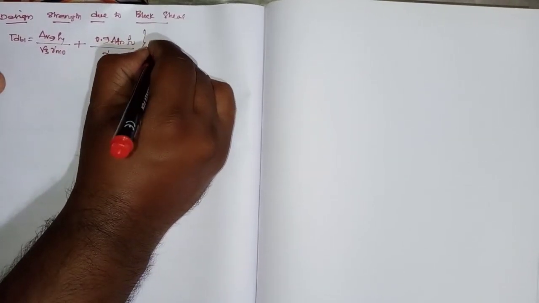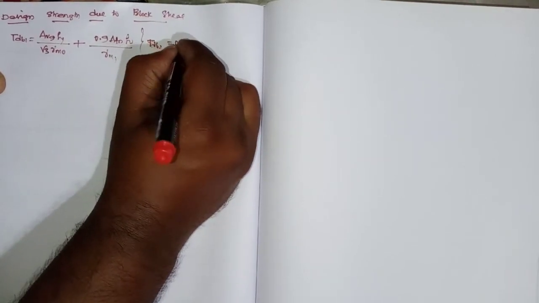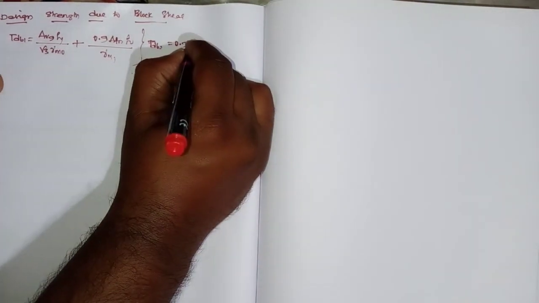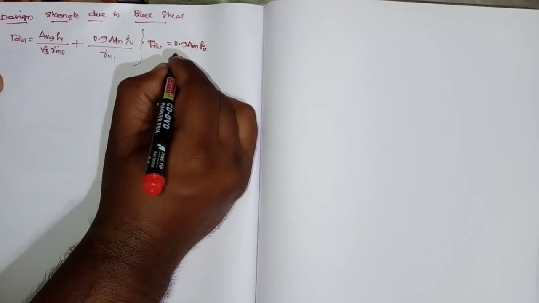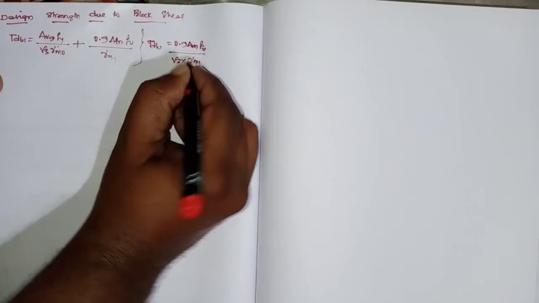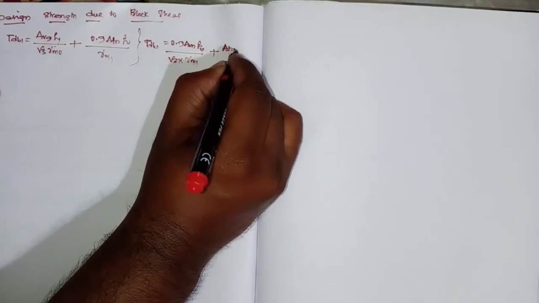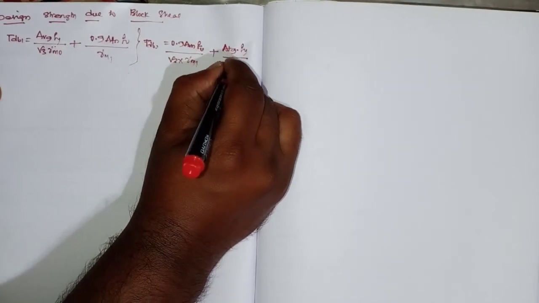And what is this? TDB2 equals 0.9 AVN Fu, this is Fu by root 3 into gamma m1 plus ATG Fy by gamma m naught.